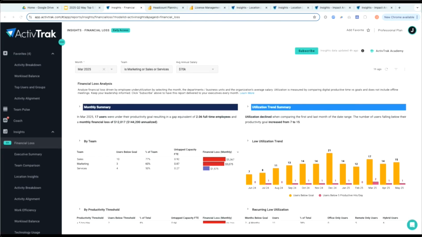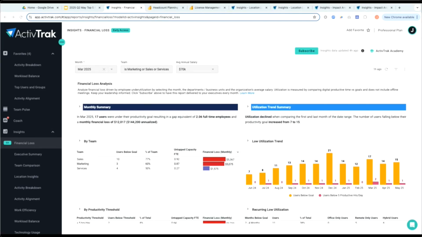That's what you see in this report. Right now we have selected 3 departments: sales, marketing, and services. And what you're looking at is the identification of which team members are under their goal. As examples, you see sales, 10 employees or users under their goal, marketing 3, services 4.